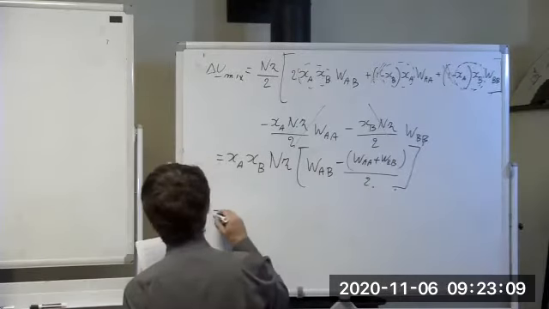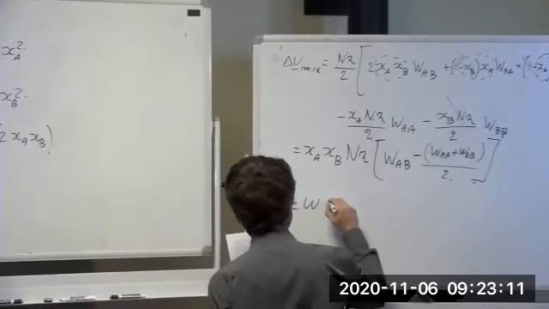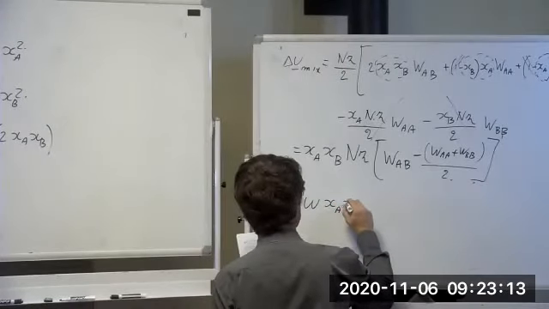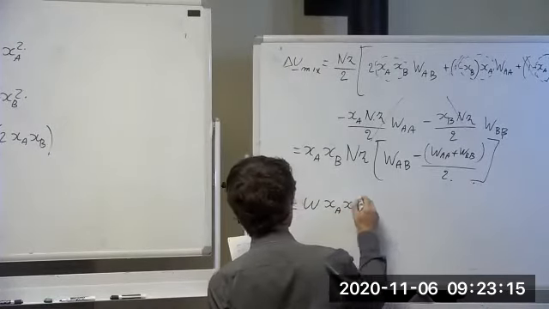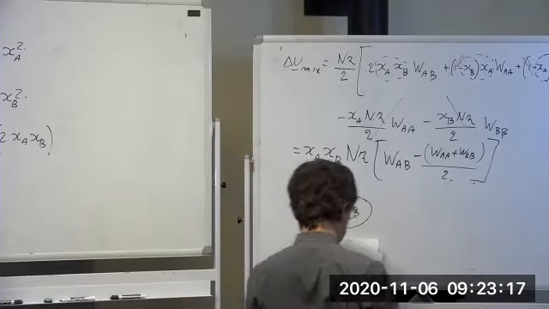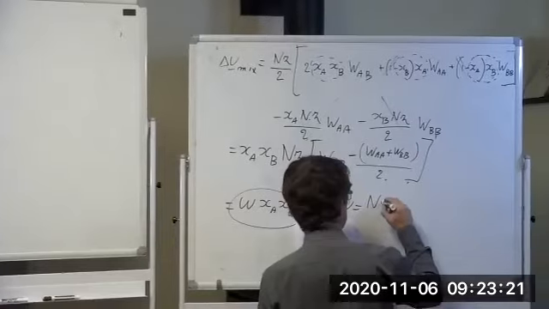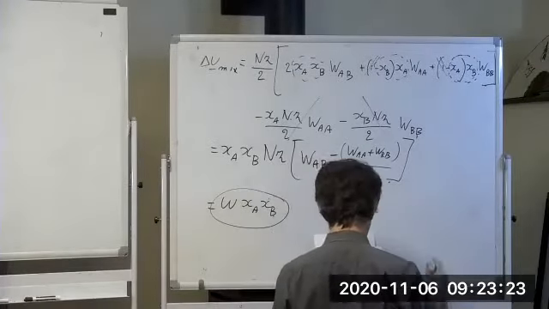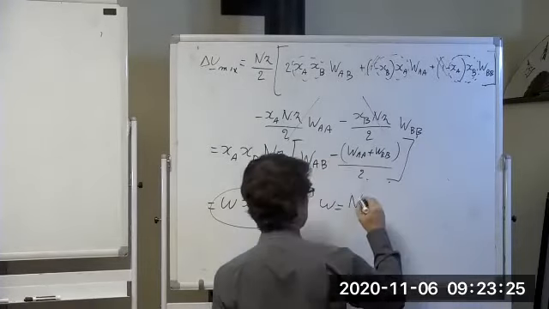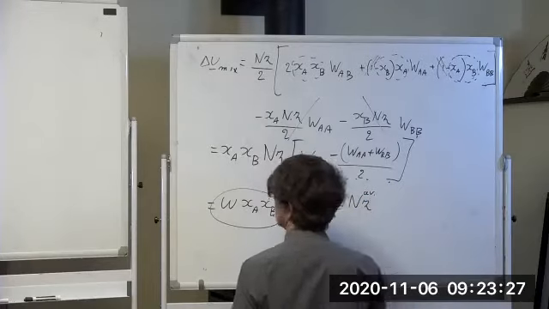And this is often rewritten as omega times XA XB, where omega is all this stuff that's kind of constant, NZ. And actually for N is then usually taken N Avogadro, so then this is per mole.